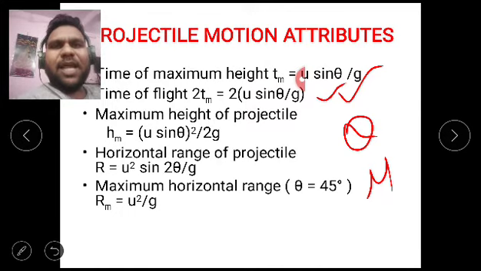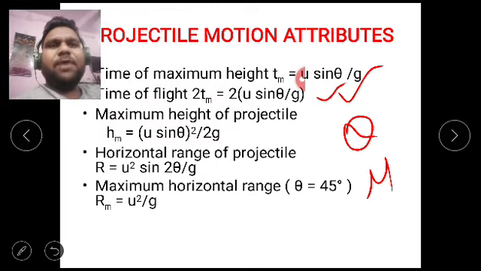During this, the projectile decelerates and then accelerates, but the time taken from launch to maximum height and from maximum height to hitting the ground is the same, equal to u sin theta by g. That means time of ascent is equal to time of descent, and time of flight will be 2u sin theta by g.